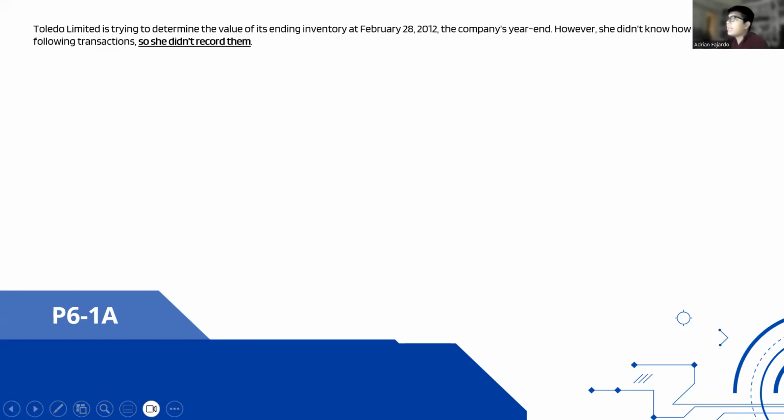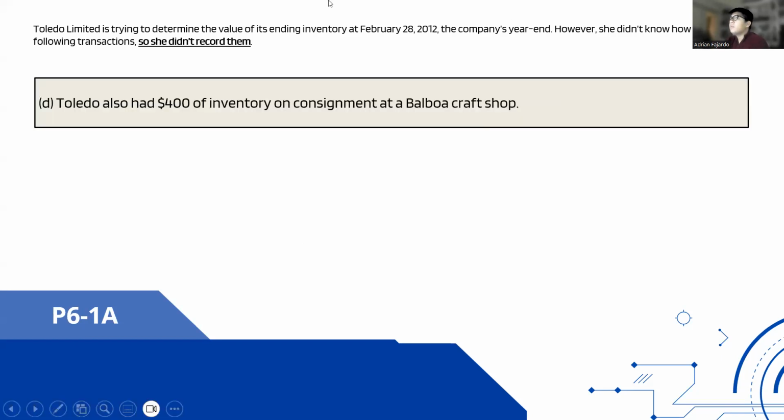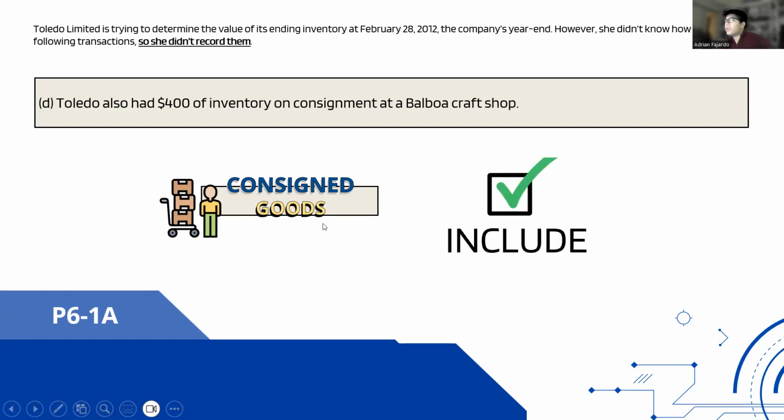And then, next would be, may 400 inventory ka raw on consignment. So, meaning, may $400 worth of goods na ari mo, pero pinadala mo kay Balboa Craft Shop. So, do we own it? Yes. And therefore, for this consigned goods, we are the consignor. And therefore, we own the goods. And therefore, we include.